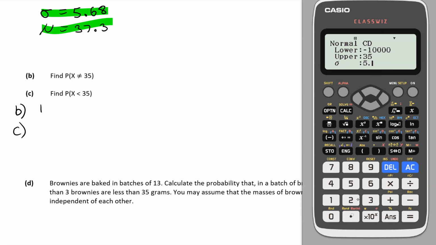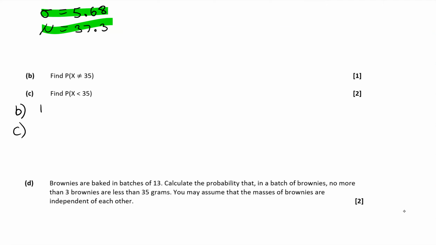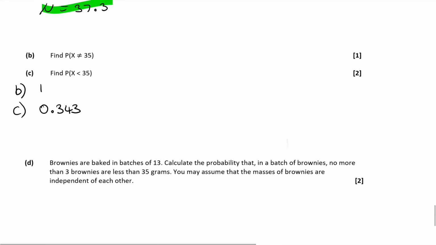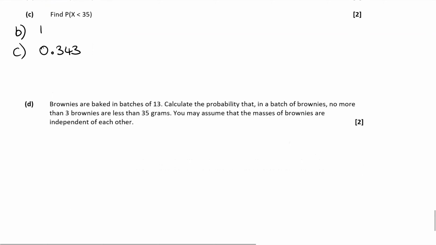Your standard deviation is 5.68, and your mean is 37.3. Okay, and when we do that, we get 0.343 to 3 significant figures. It depends on what you've used for your standard deviation and mean, and how you've rounded here. But the mark scheme does allow you to be within a given range, dependent on what your values are from earlier.